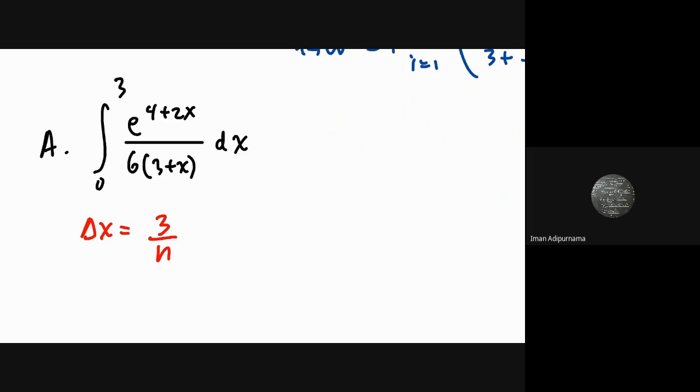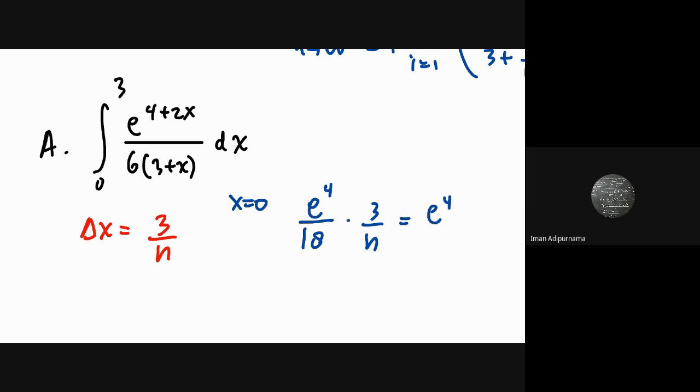And then check when x is 0: e to the 4 divided by 18, multiplied by 3 over n.